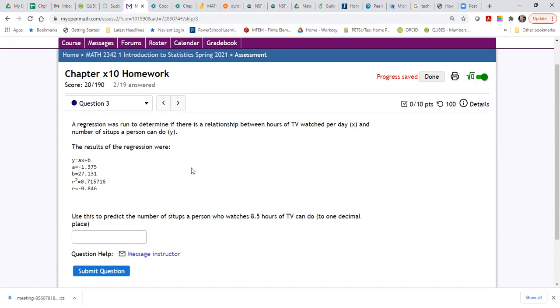So you know the X, this is how many hours, and the number of sit-ups is Y. Now you need to find what is the predicted number of sit-ups.